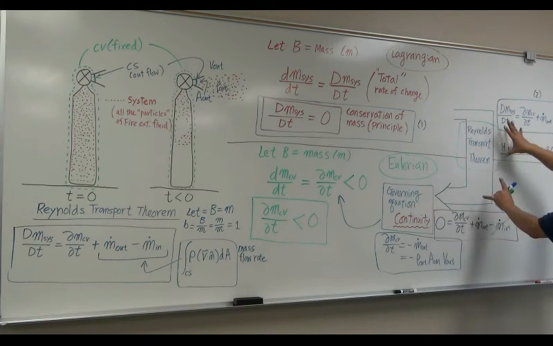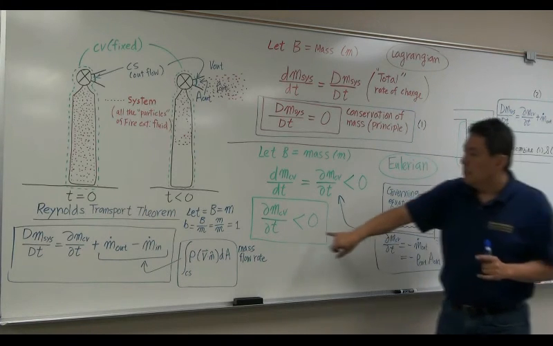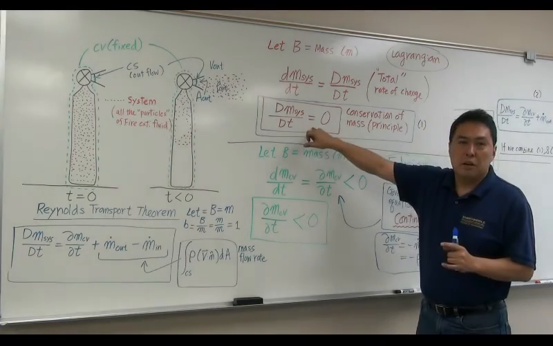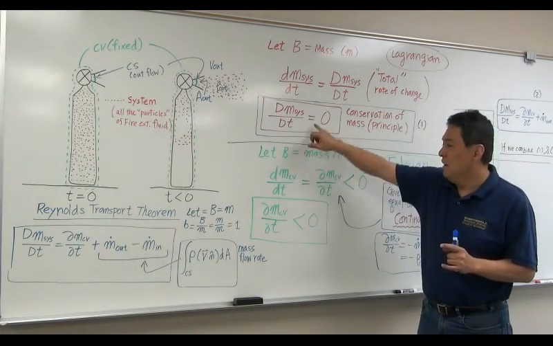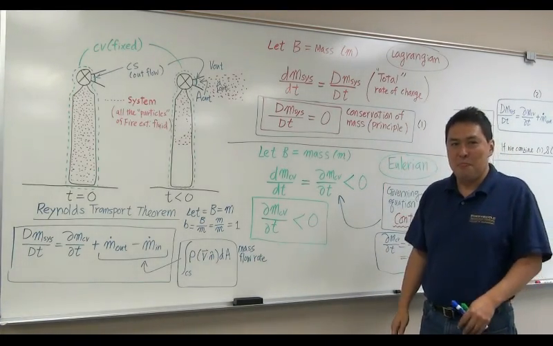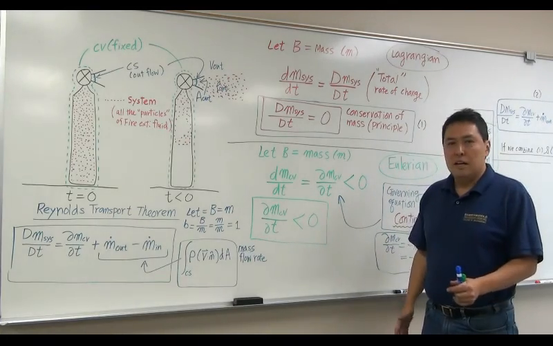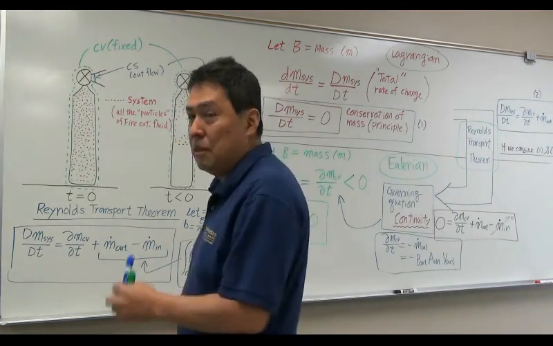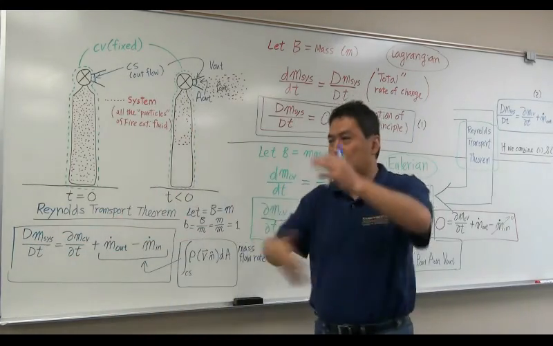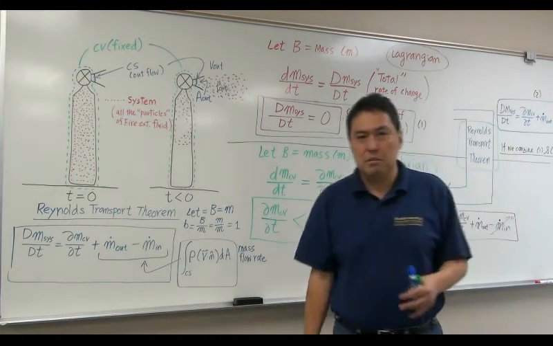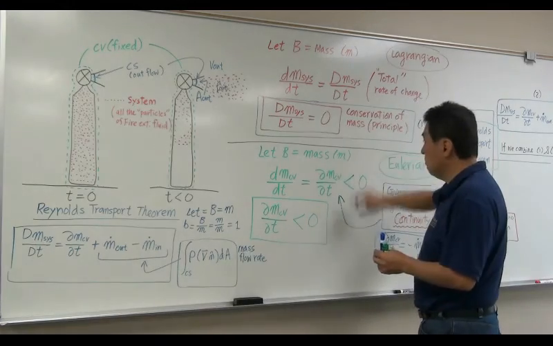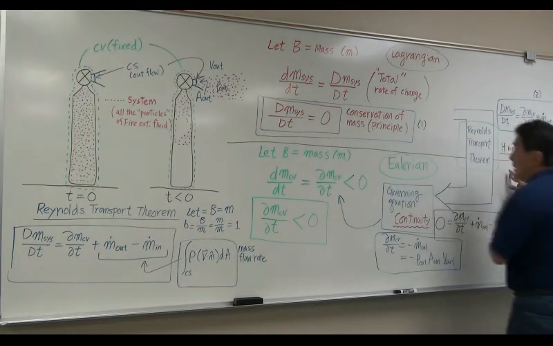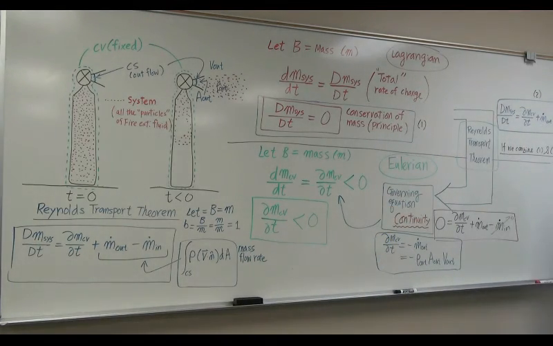So you can use this equation to solve the problem. Without Reynolds transport theorem, either you get stuck here or you get stuck here. No one is solving the problem. Too bad. I wouldn't have to teach this fluid mechanics class if there were no Reynolds transport theorem. But the flip side is everybody would fail this class because no one can solve anything. This is how significant Reynolds transport theorem really is.